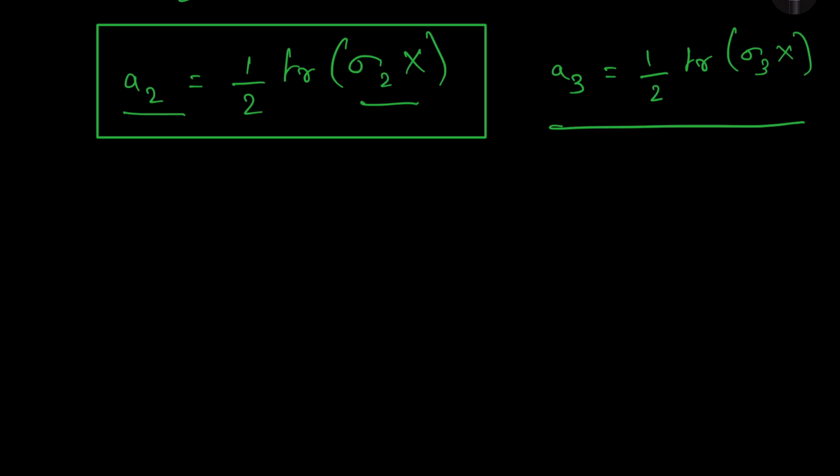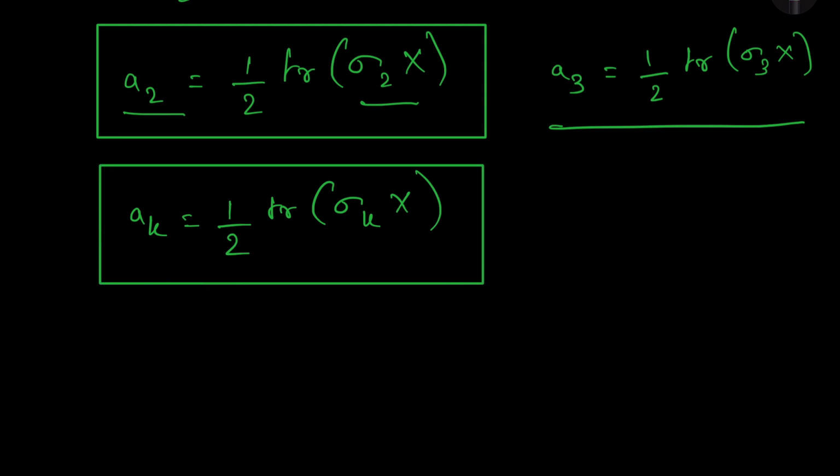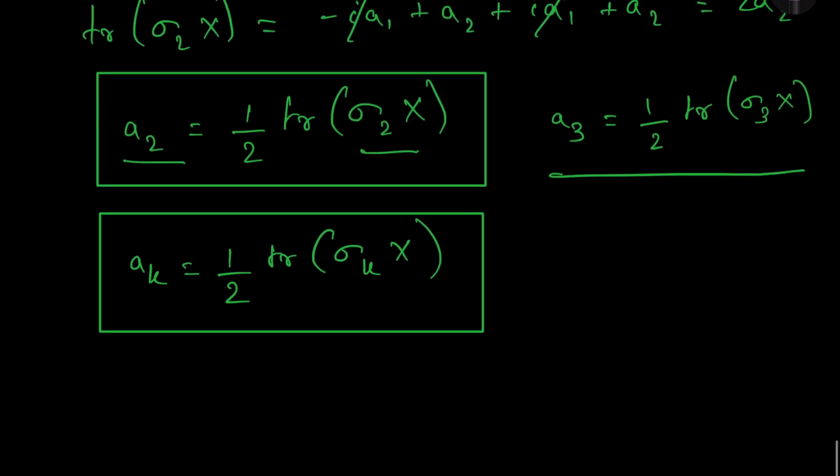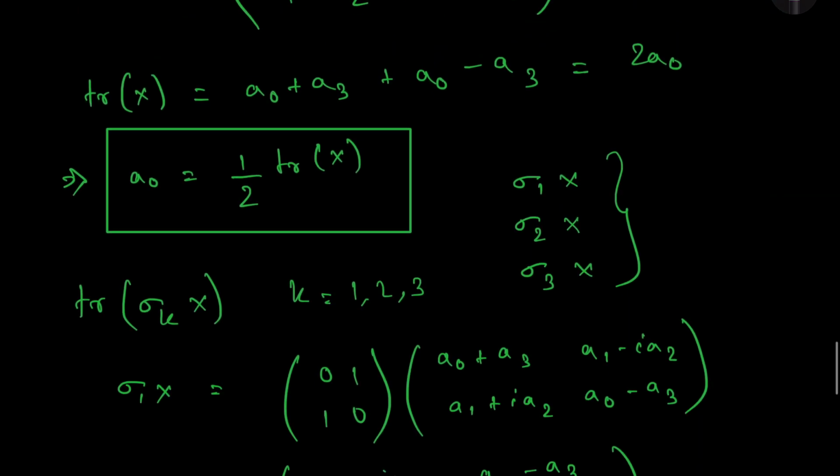So we can write that ak will be equal to half of the trace of sigma k X. So this is how they are related. ak and the trace of sigma k X are related by a factor of half. And similarly a0 is related to the trace of X with a factor of half.